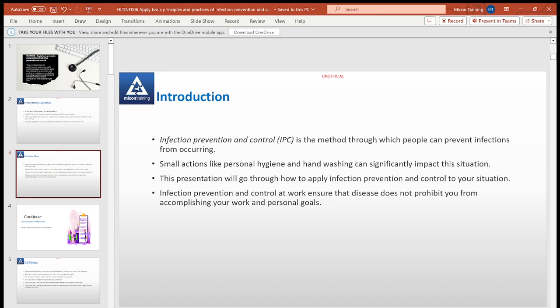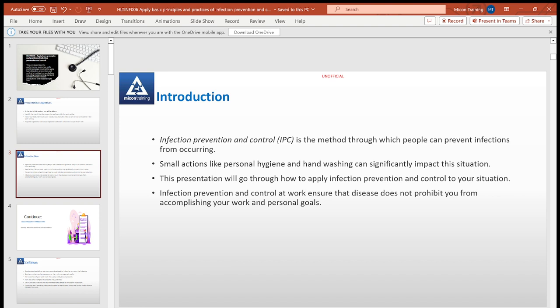So this presentation will go through how to apply infection prevention and control to you, or to your situation as an ally, as a healthcare provider, as an individual support worker, or as an aged care worker. Also, infection prevention and control at work ensure that diseases do not prohibit you from accomplishing your work or personal goal. What do we mean by this?